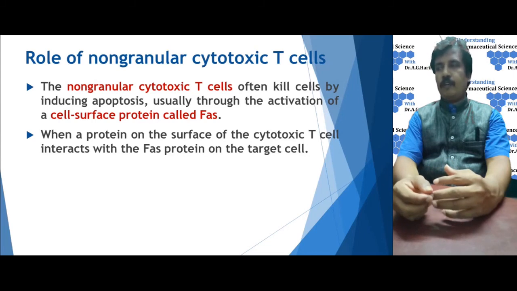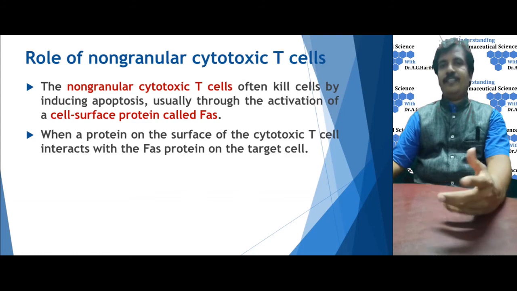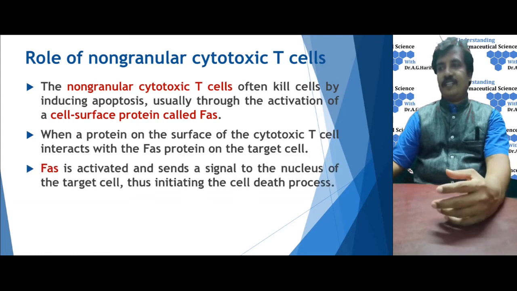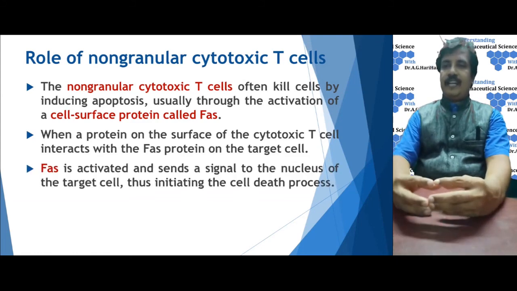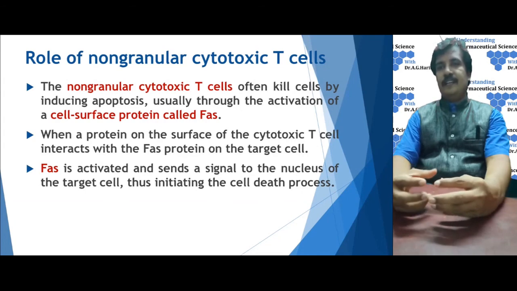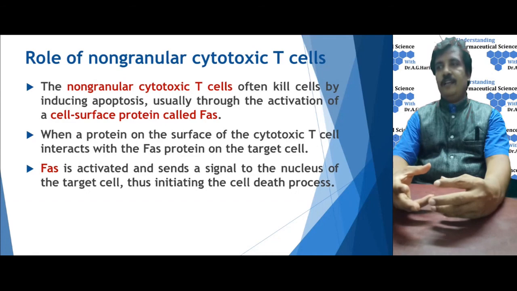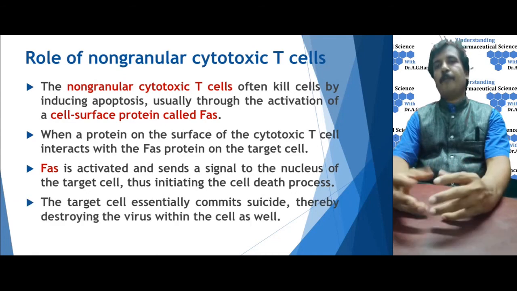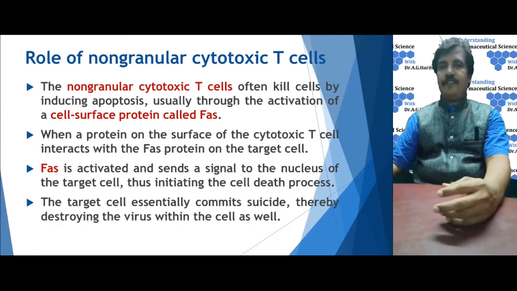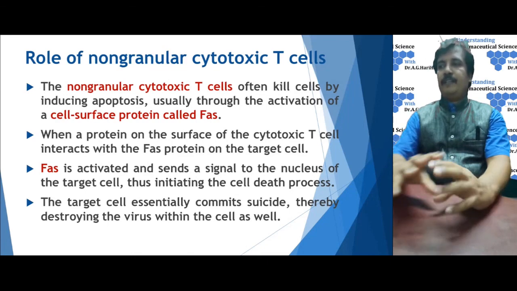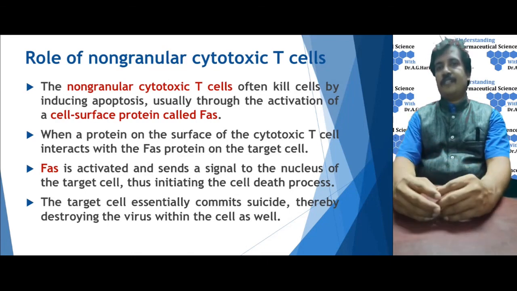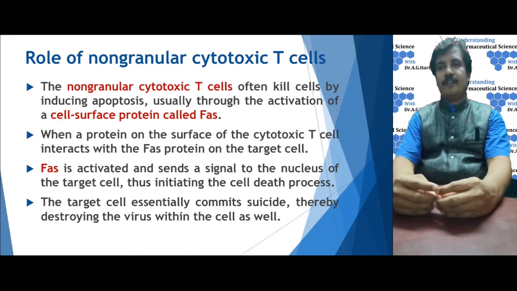This protein we call FAS. It gets attached to the target cell, in this case the infected cell. Once attached, it sends signals directly to the nucleus of this target cell, thereby initiating the apoptotic process, that is the self-death process. Thereby it destroys the infected cell by inducing the suicidal nature of the cell.